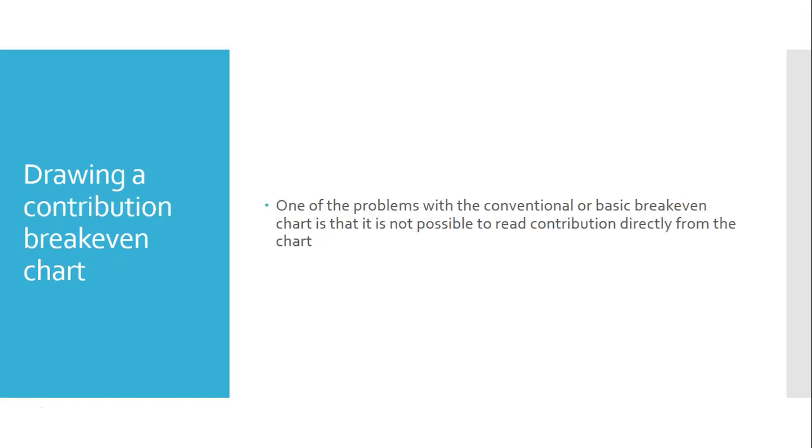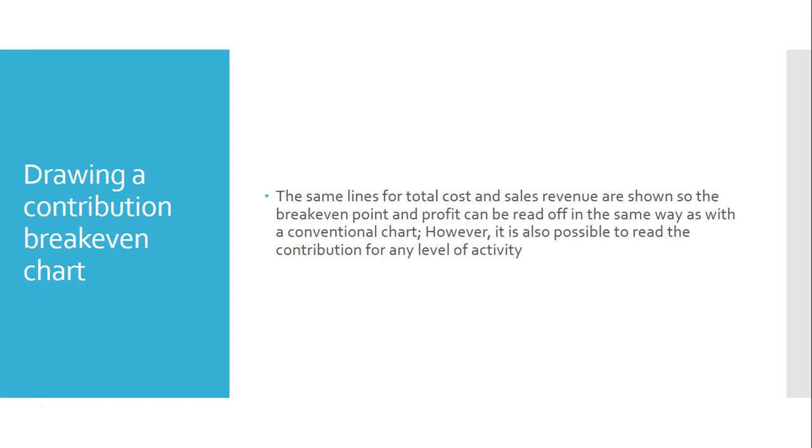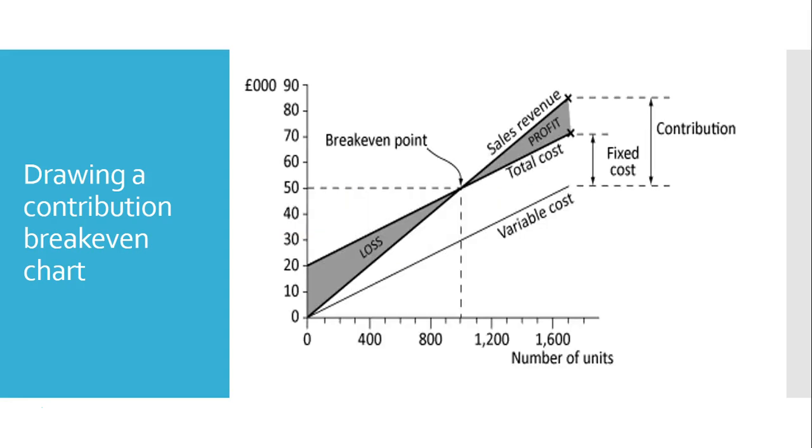And this is just going through the steps again, like I talked about. Now it's very difficult to draw a contribution line or graph line. So what we tend to do is to draw something referred to as a profit volume line.